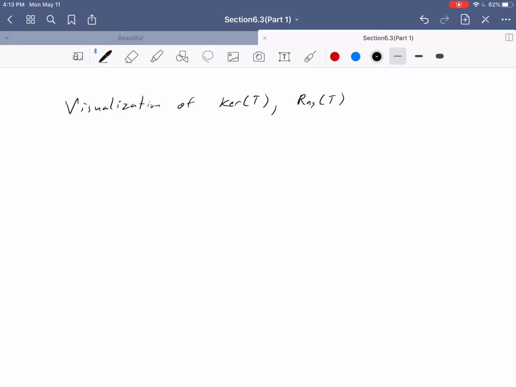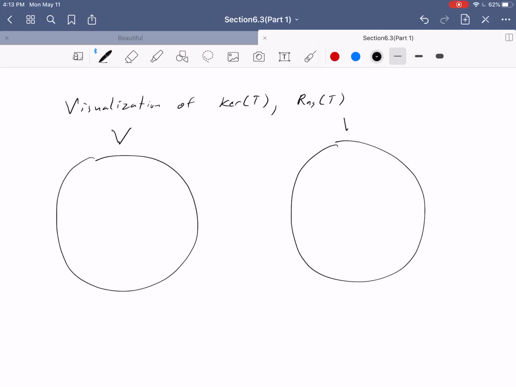All right, so the idea here is maybe this big circle here, we're going to let that represent V. And this big circle over here, this is going to represent W. What we're saying, first of all, is let's talk about that kernel concept. What we just figured out is that the kernel of T, which we know is all the things in V that get mapped to the zero vector in W, is actually a well-defined sort of subspace.